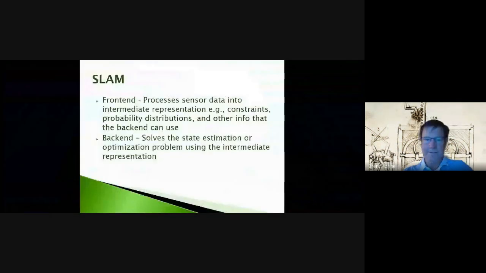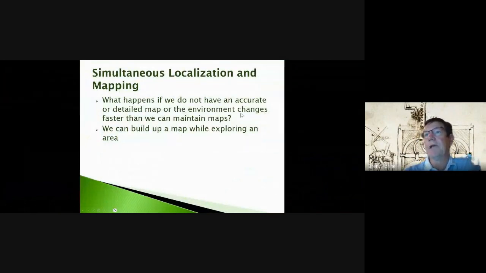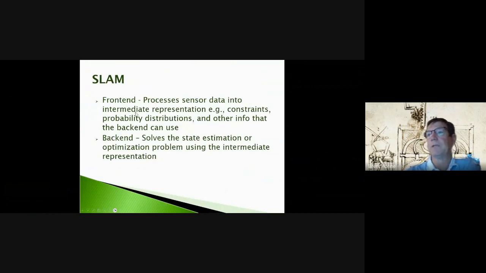let me go back. Okay, so simultaneous localization and mapping. What happens if we do not have an accurate or detailed map, or it changes faster? We can build up a map while exploring that area. So now we have the front end, and that front end is going to process sensor data into some intermediate representation, right?